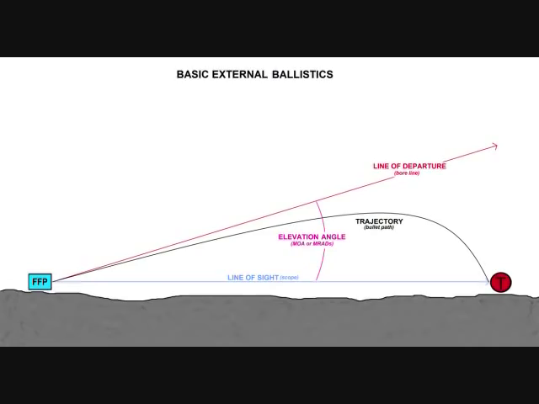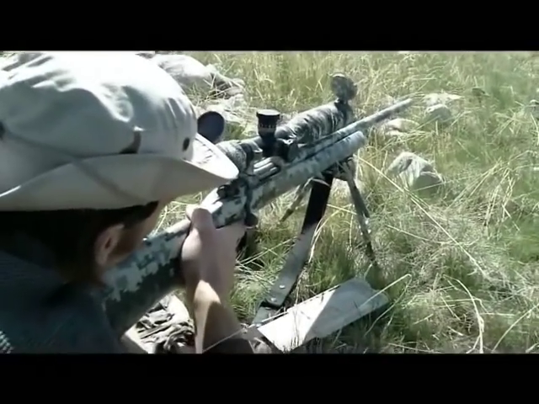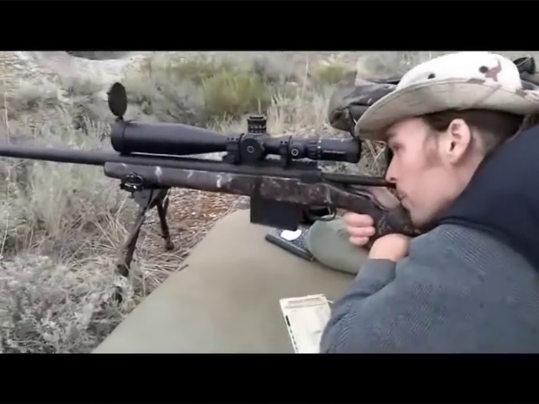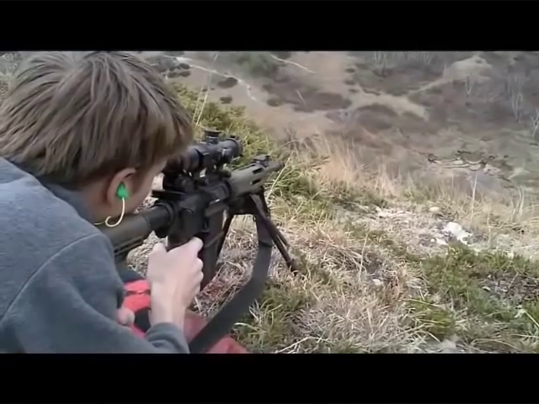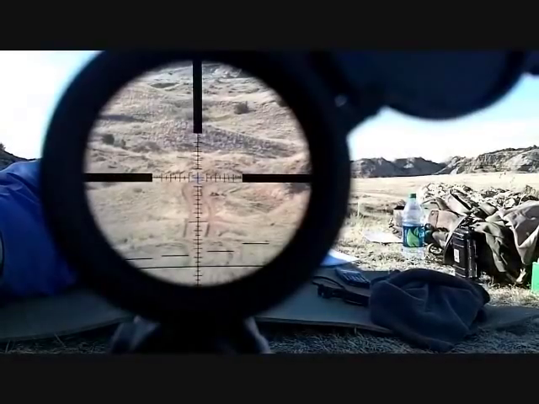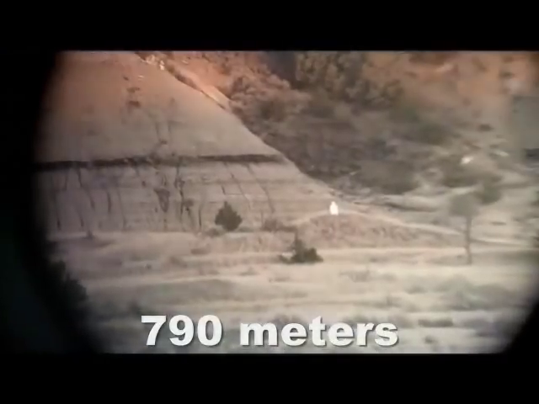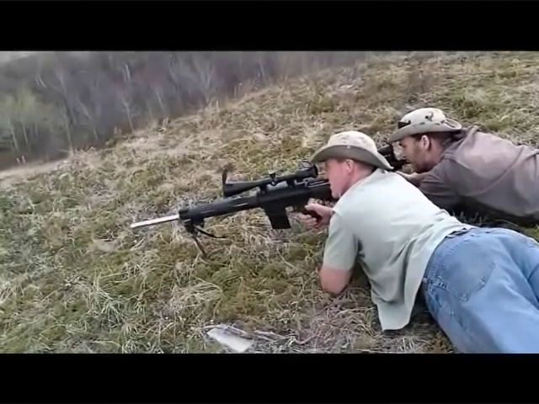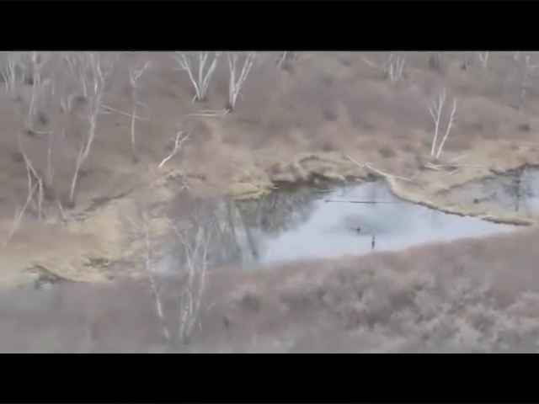Another thing I should point out before we get too far is that the trajectory or the bullet path is not only affected by gravity, which we said was a constant. It's also affected by drag and by muzzle velocity, your initial horizontal velocity. That's going to be determined by your internal ballistics, and we're going to talk about that in great detail when we get into our advanced internal ballistics video.